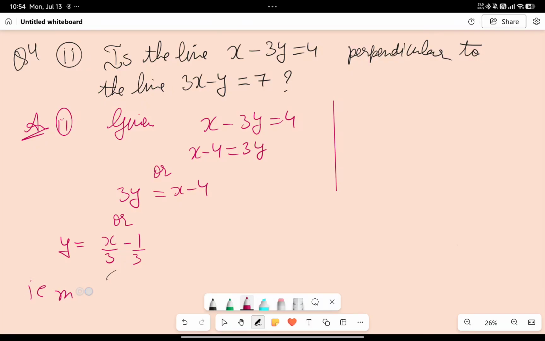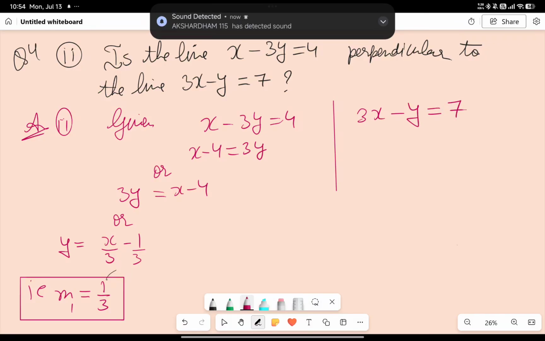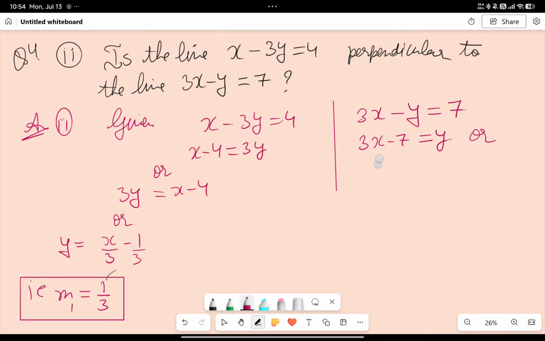That is m1 equal to 1 by 3. I have found m1. Similarly, I can do here for the second equation, 3x minus y equal to 7. Shift y that side, 3x minus 7 equals y, or you can say that y equal to 3x minus 7. Therefore, m2 is 3.